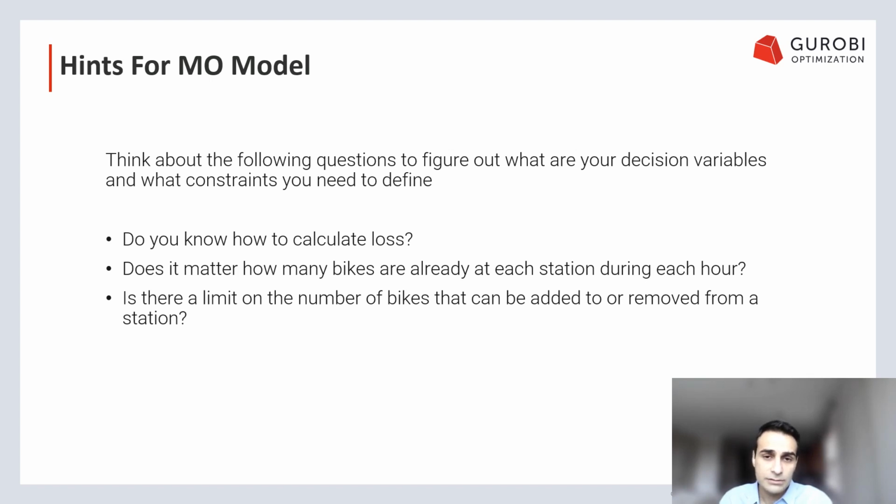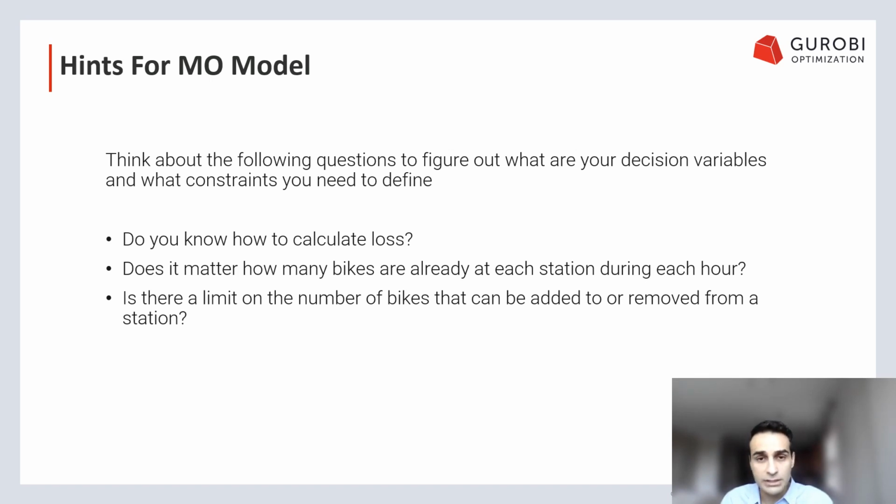We already said that let's assume the number of bikes in all the stations at the beginning of hour 7, which is the beginning of the analysis, is 0. But how about at the beginning of hour 8? How about hour 9? Because those are part of the analysis, and you already add or remove some bikes from the system.